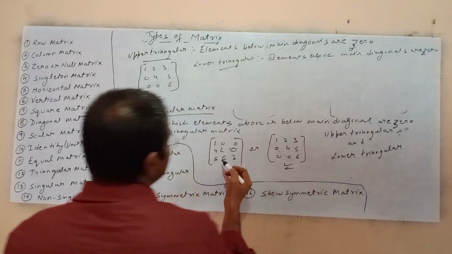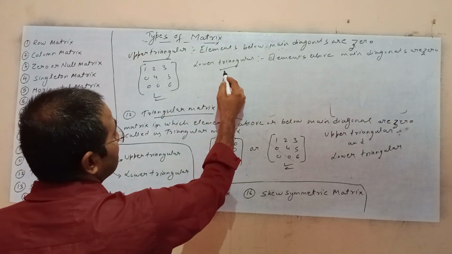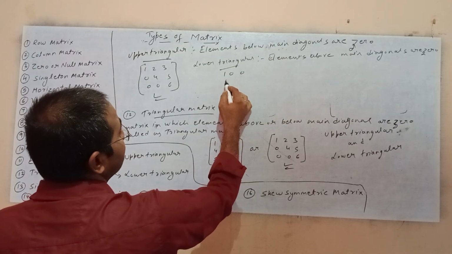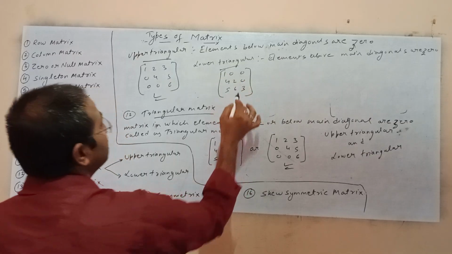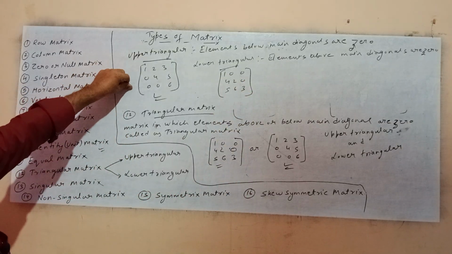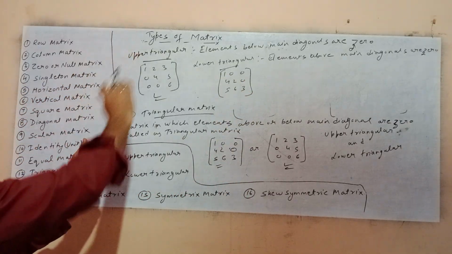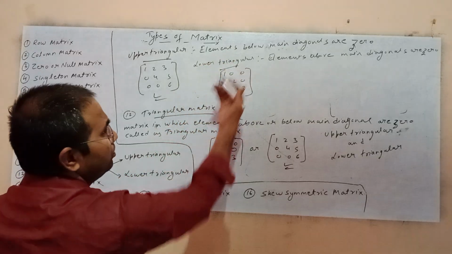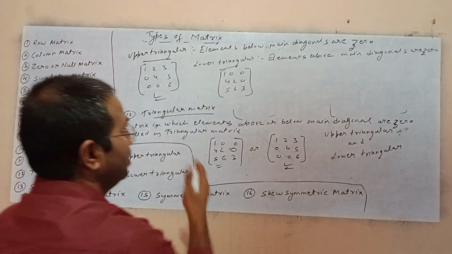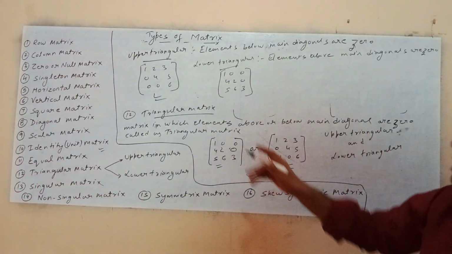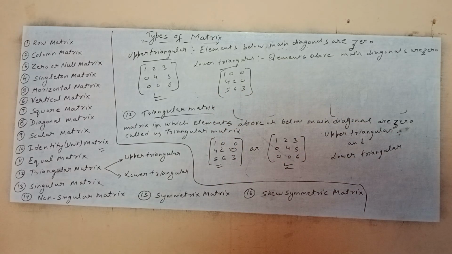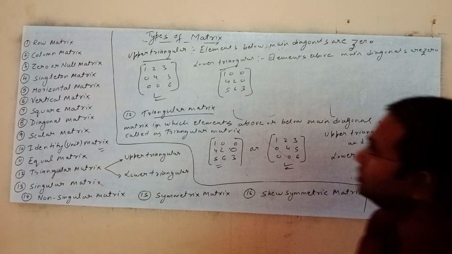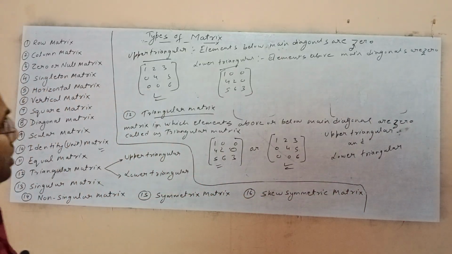This is the example of lower triangular: 1, 0, 0, 4, 2, 0, 5, 6, 3. See here, you can see on the upper side it makes a triangle by taking the elements, and on the lower side it makes a triangle. That's why it is called an upper triangular matrix, and this is called a lower triangular matrix. I hope you have understood how to define the triangular matrix.